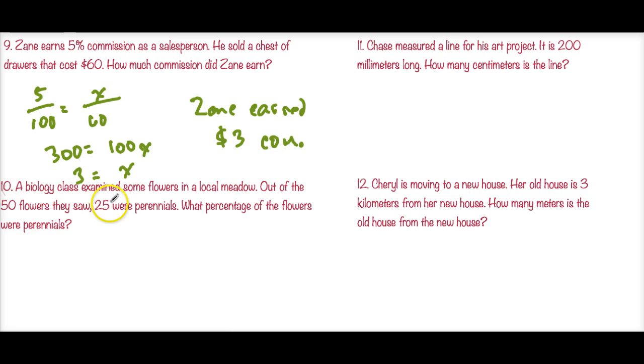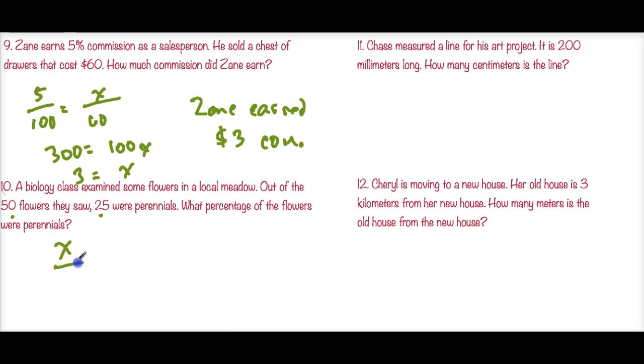Number 10, a biology class examined some flowers in a local meadow. Out of the 50 flowers they saw, 25 were perennials. What percentage of the flowers were perennials? So when I made this question, I obviously didn't read it very carefully, because if you just look at this, you should already recognize that 25 is half of 50. So then your answer is going to be 50%.